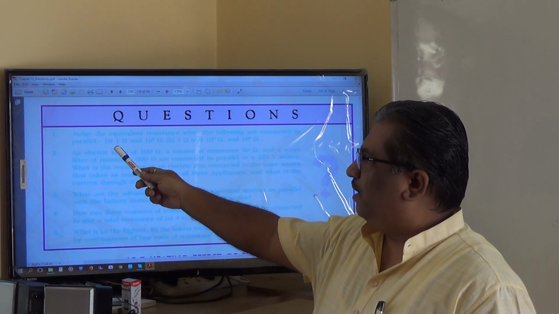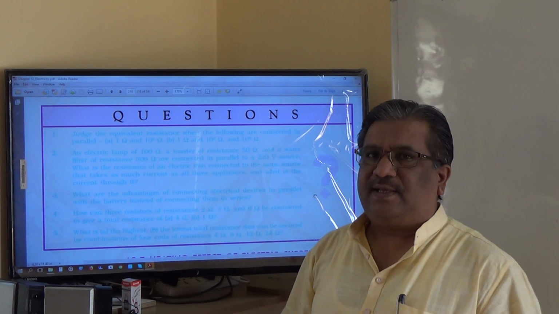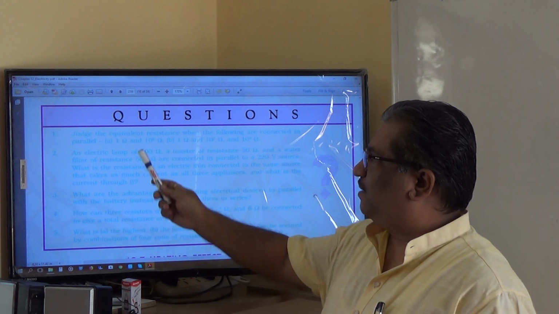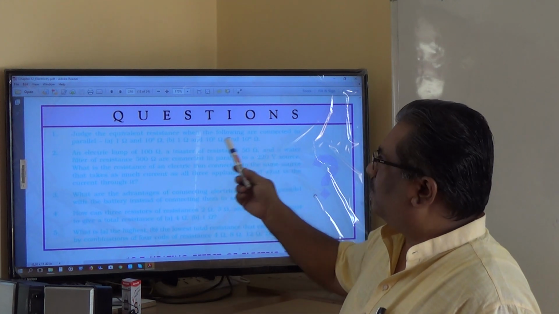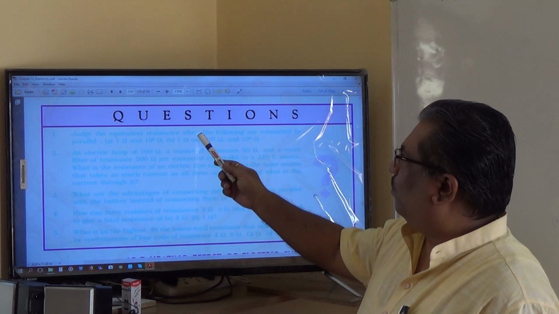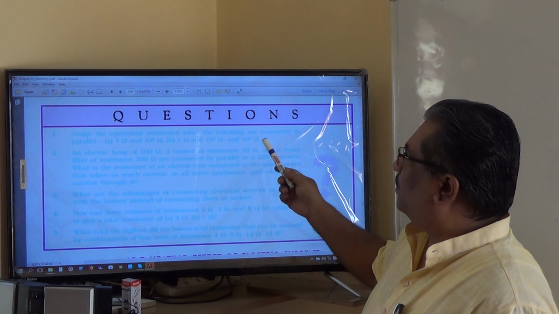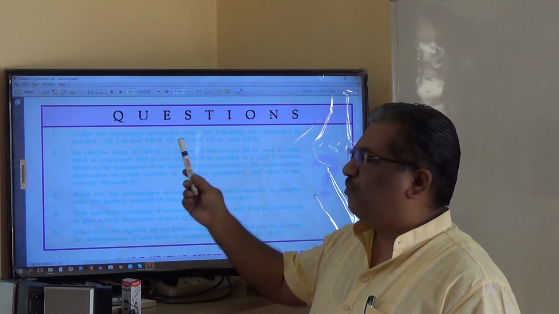Case 1, A: 1 ohm and 10 to the power 6 ohms. These are connected in parallel, therefore the equivalent resistance is less than 1 ohm. Second one: 1 ohm, 10 to the power 3 and 10 to the power 6, all connected in parallel, and therefore it should be less than 1 ohm.